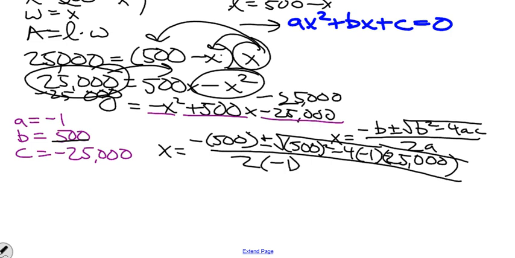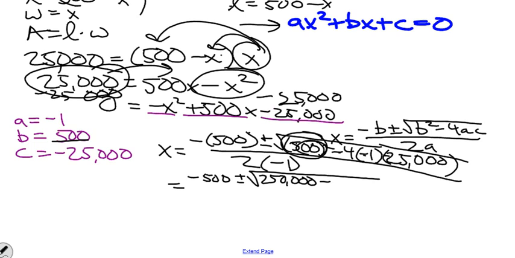All right, so now we got negative 500 plus and minus the square root of, well, this is 250,000. Okay, 5 times 5 is 25, and then your double zeros. And then negative times negative times negative gives me a negative, right? Because there's 3 negatives.